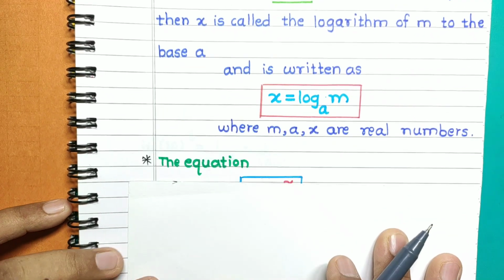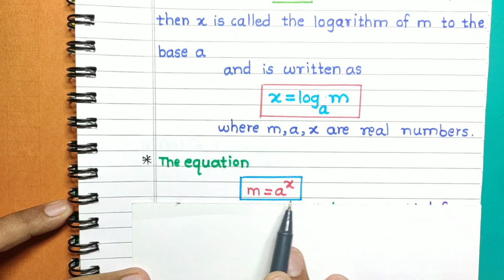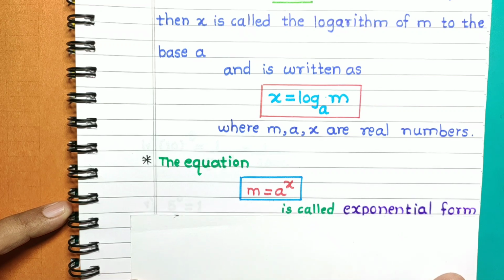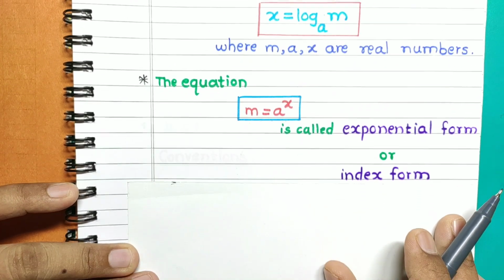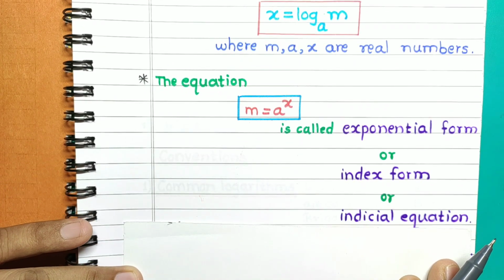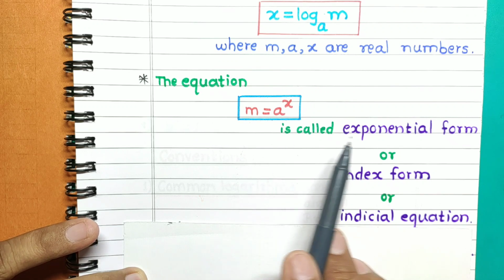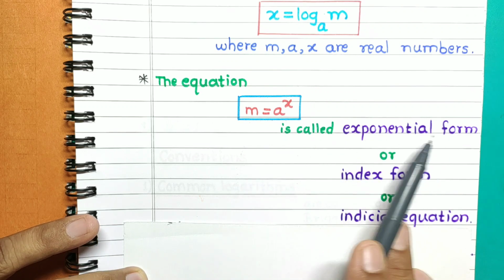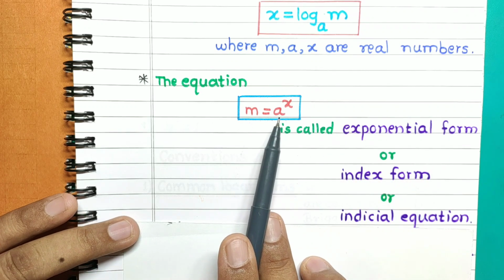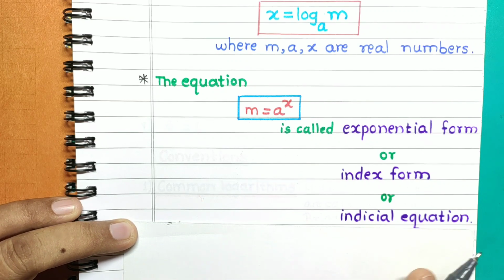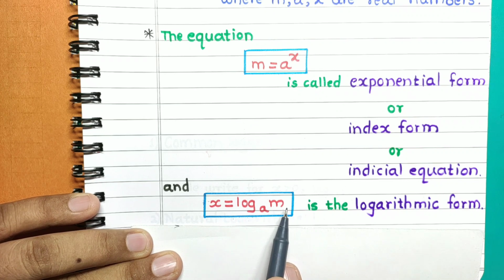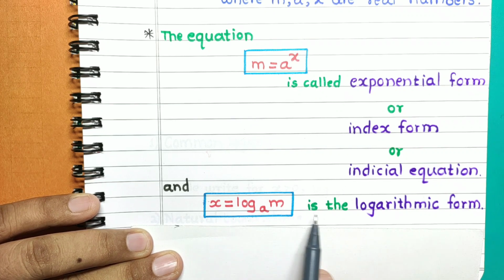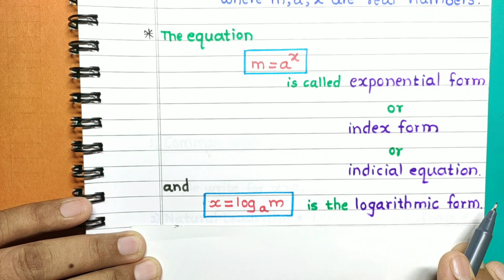Students, see here the equation m is equal to a raised to x is called exponential form or index form or initial equation. Keep in mind this is the exponential form, m is equal to a raised to x, and the equation x is equal to log of m to the base a is the logarithmic form.